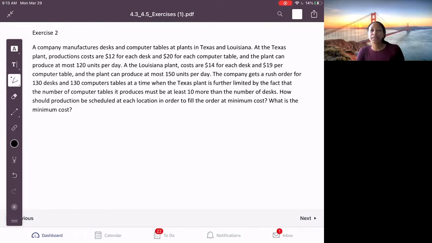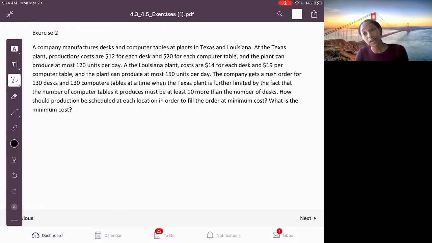At the Louisiana plant, costs are $14 for each desk and $19 for each computer table, and the plant can produce at most 150 units per day. The company gets a rush order of 130 desks and 130 computer tables at a time when the Texas plant is further limited by the fact that the number of computer tables it produces must be at least 10 more than the number of desks.